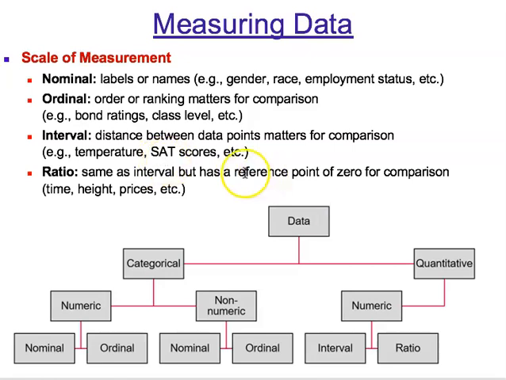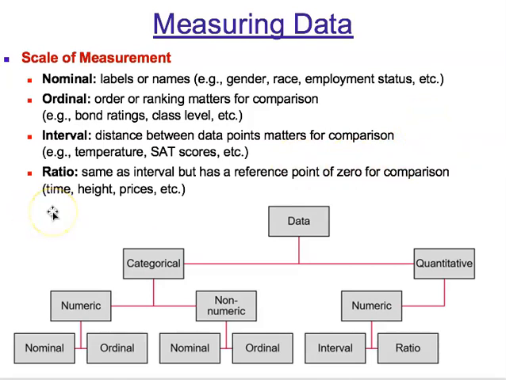A student that scores 1,000 on the SAT does not do twice as well as the person that scores 500 on the SAT. As such, interval scale is limited in the mathematical comparisons that we can make.